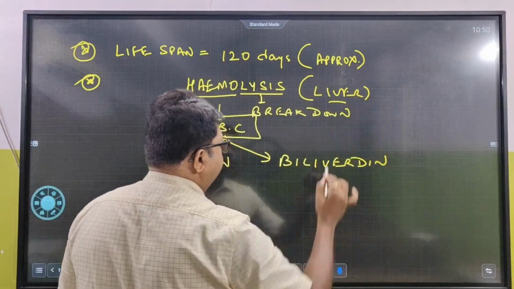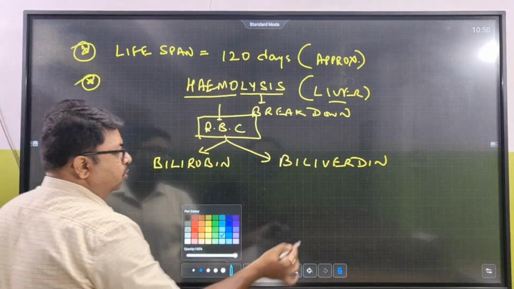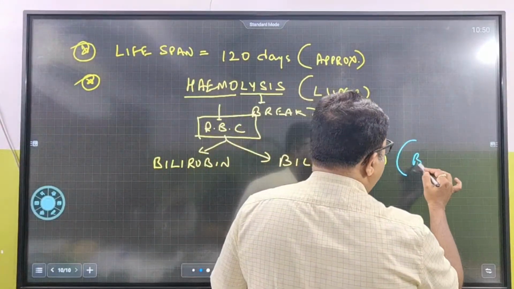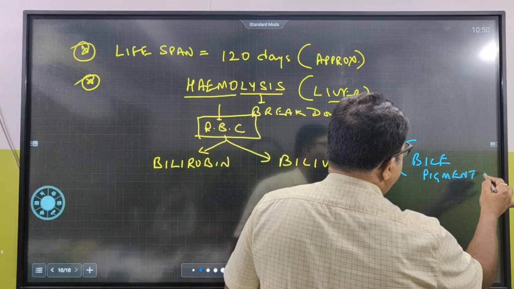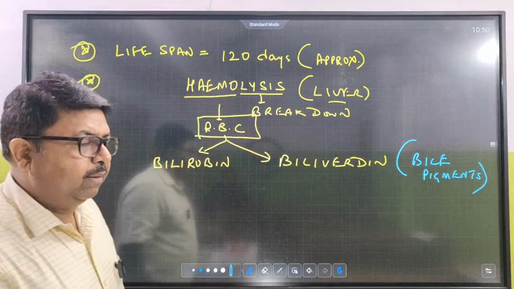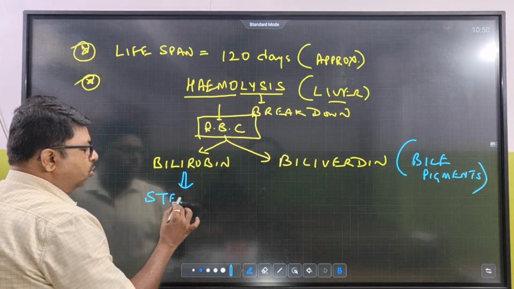Both of them are bile pigments. Now this bilirubin changes into stercobilinogen.